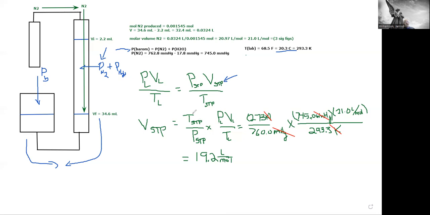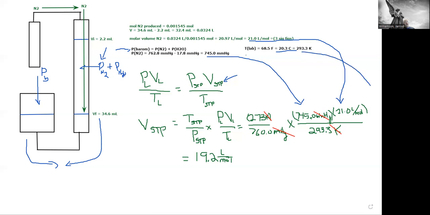The temperature at STP is 273 Kelvin. The pressure at STP is 1 atmosphere or 760 millimeters of mercury. The pressure under the lab conditions was 745 millimeters of mercury. The molar volume under lab conditions we found was 21.0 liters per mole.